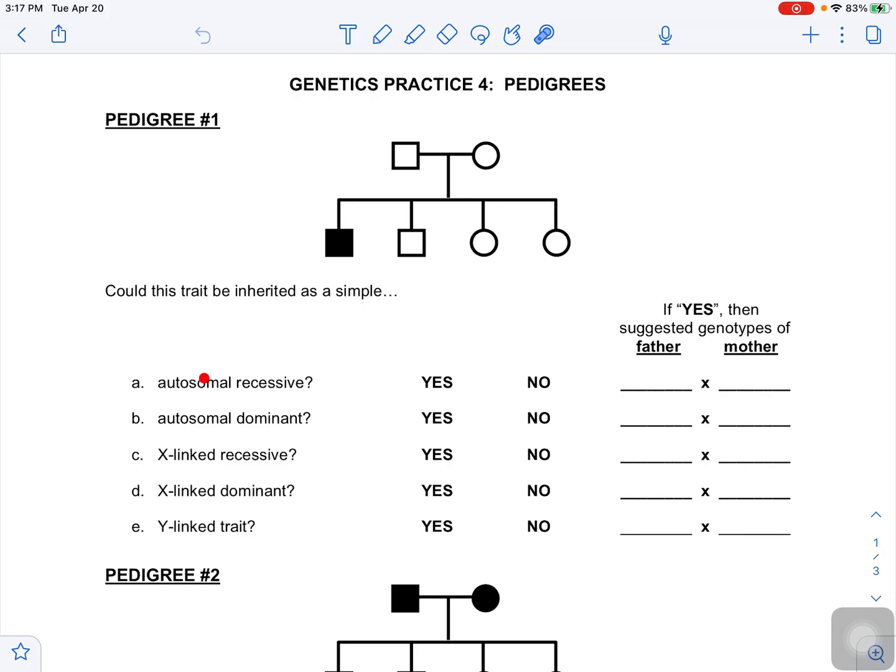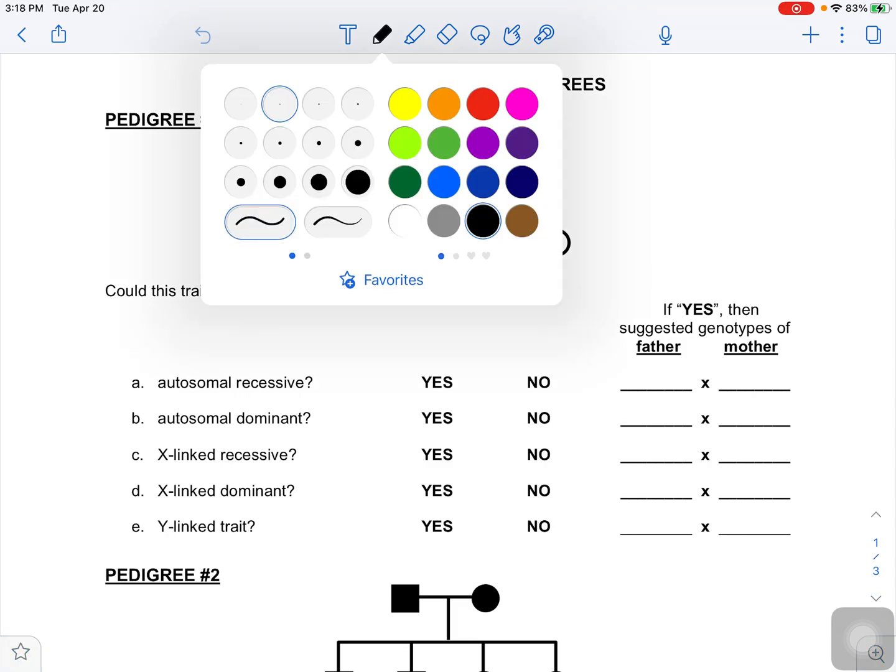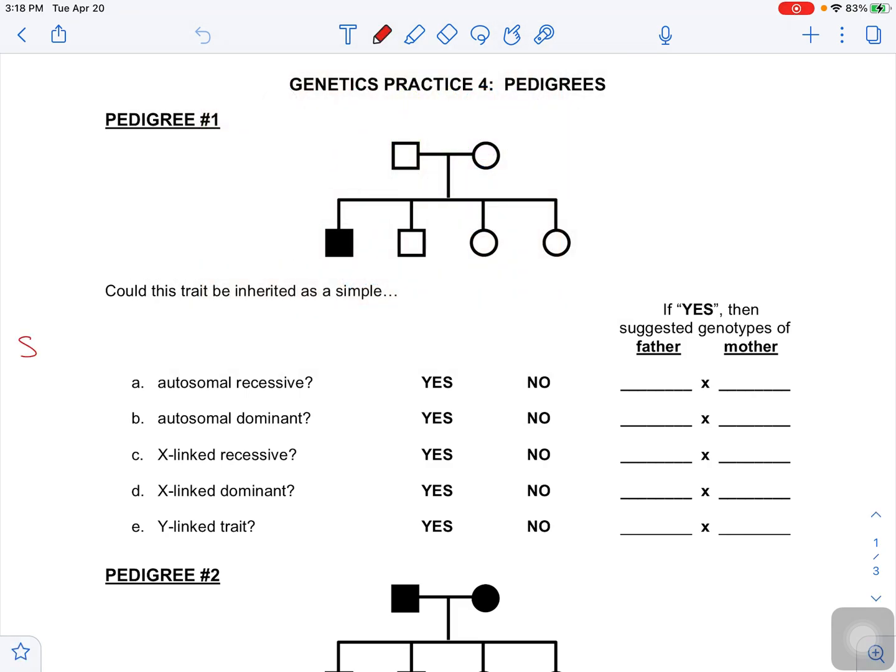So what we're looking at when we're determining if it's one of these inheritance patterns, we're always looking at the shaded individuals. And so one of the things that we need to be looking at is understanding what the shaded individuals will look like in each of these different things. So if it's an autosomal recessive, that means the shaded individual will have a genotype of homozygous recessive.